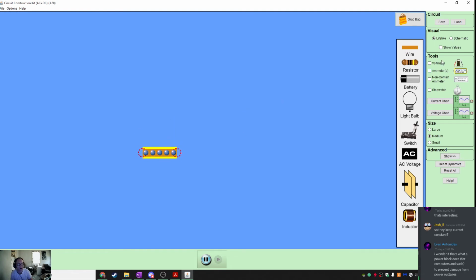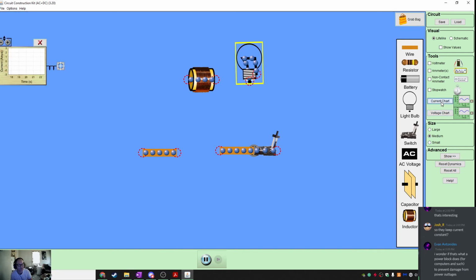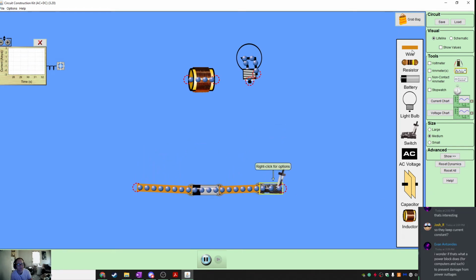So we take our wires here. We are going to throw into our circuit a switch and an inductor and a light bulb so we can see the current. And then probably going to want one of these too. Need a battery. And I'm guessing that's probably all we need. So a very simple circuit.